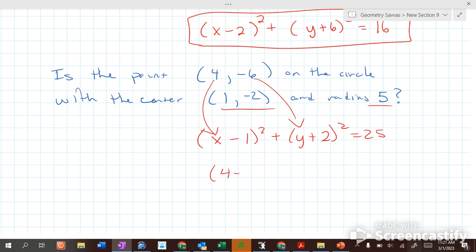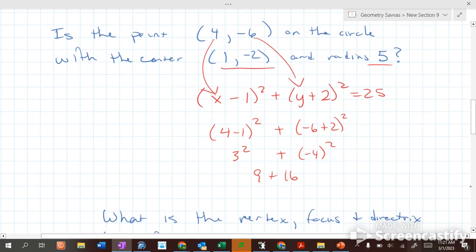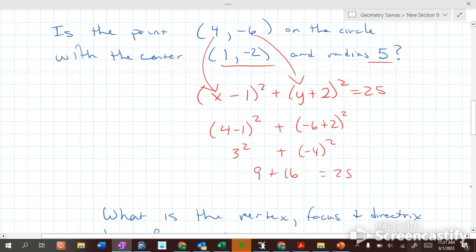So 4 minus 1 is 3 squared. Negative 6 plus 2 is negative 4 squared. And that's 9 plus 16, which is 25. If it equals, then the answer is yes. If it doesn't equal, the answer is no.